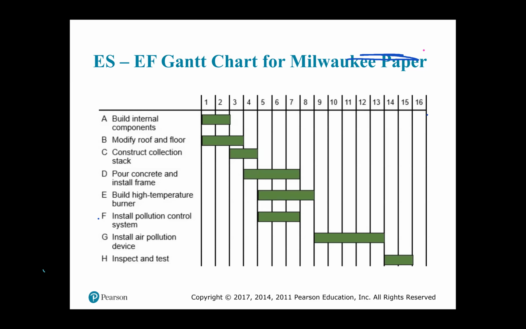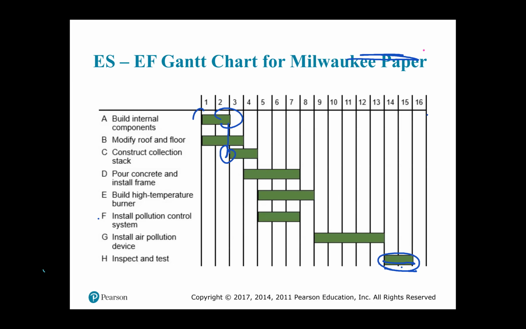And so you count forward until you get to the 15th week. So notice the precedence relationships are observed in the drawing of the Gantt chart, right? So for example, activity C begins where activity A ends, right?